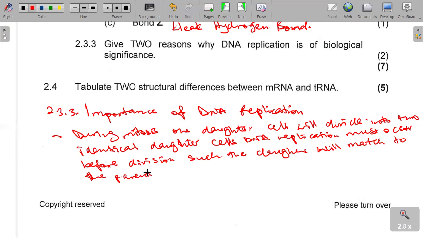It will be identical to the parent cell. That is one reason that you must understand.